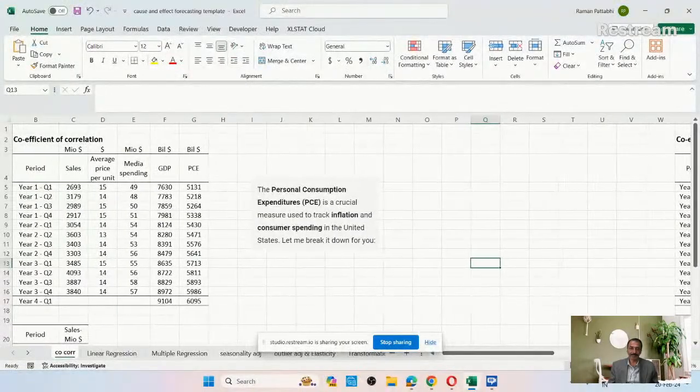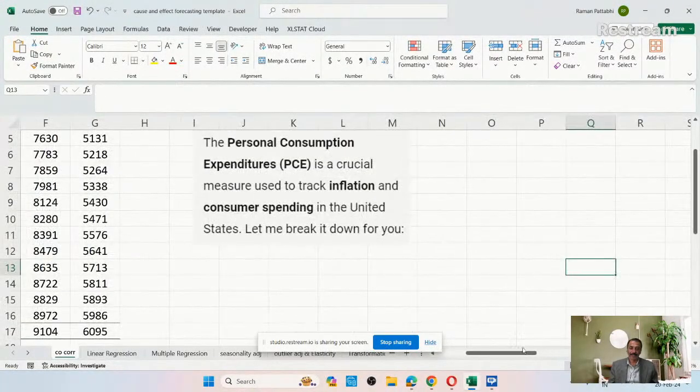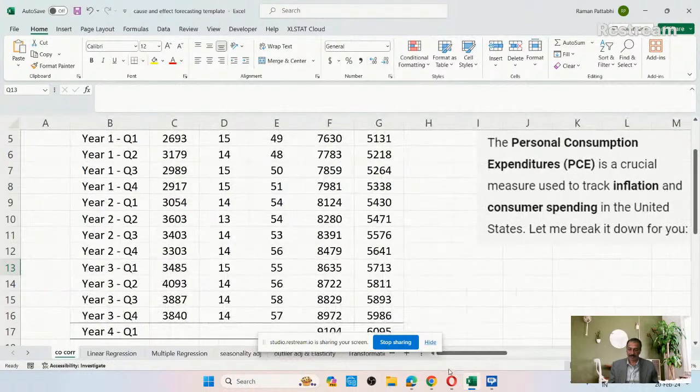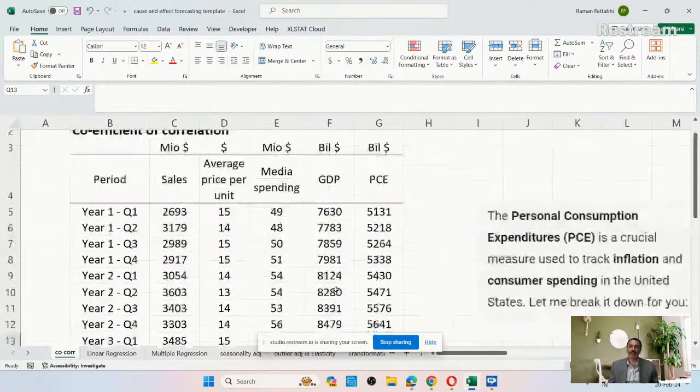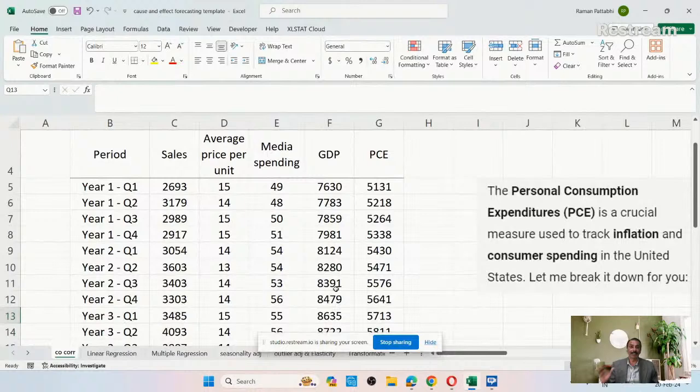Let me share the screen. Here, specifically, we are talking about the cause and effect model or regression model.